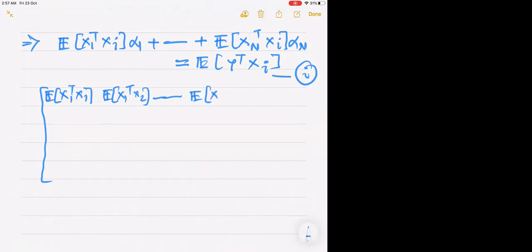Yeah, I think I did make a mistake. It's not like that. It is x2 transpose x1. Yeah, this is xn transpose x1.